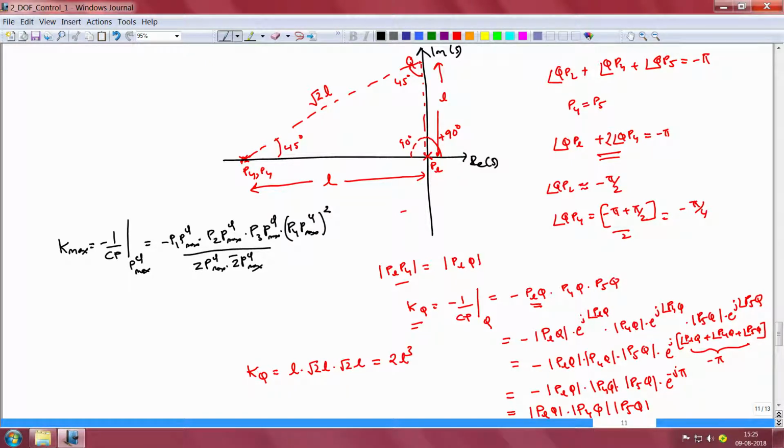Now once again we can make a further simplification of this expression by noting that since the point PCL max is a point on the root locus, we would have the sum of the phases of the complex numbers P1 PCL max, P2 PCL max, P3 PCL max, P4 PCL max, P5 PCL max, and the difference of this sum from the phases of the complex numbers Z PCL max and Z bar PCL max, that net algebraic phase contributed by all these different open loop poles and zeros at the point PCL max will add up to minus 180 degrees.